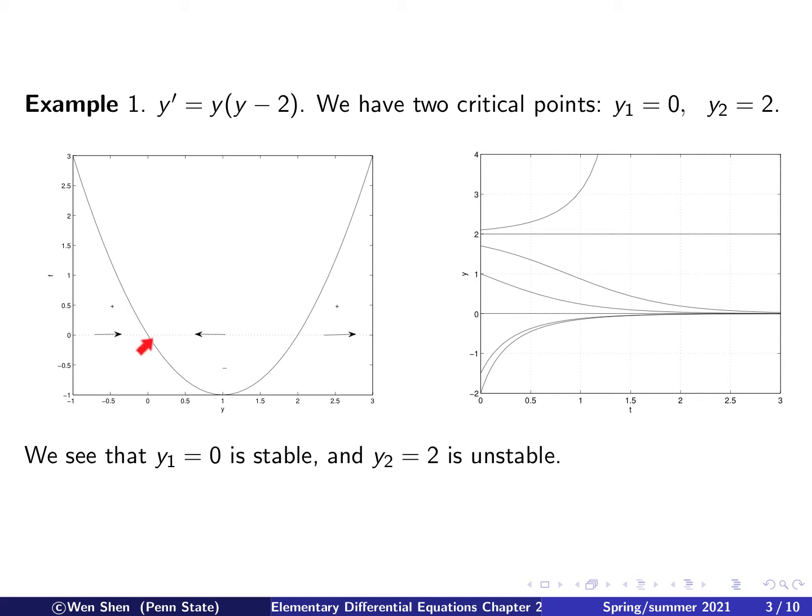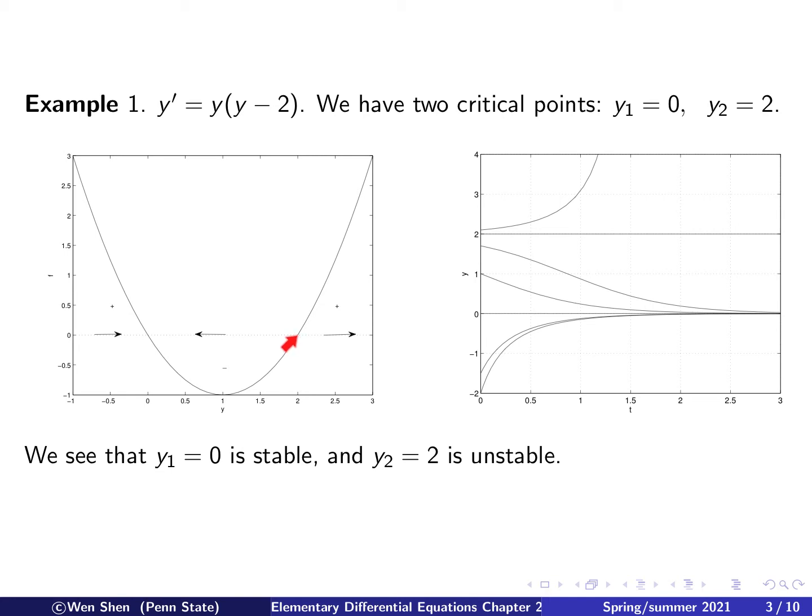Now let's consider the interval between 0 and 2. Here the graph of f is below the axis, so f is negative, and therefore y prime is negative. So if your y value is on this interval, then as time goes, it will decrease, so it will go to the left, and therefore we point the arrow to the left.